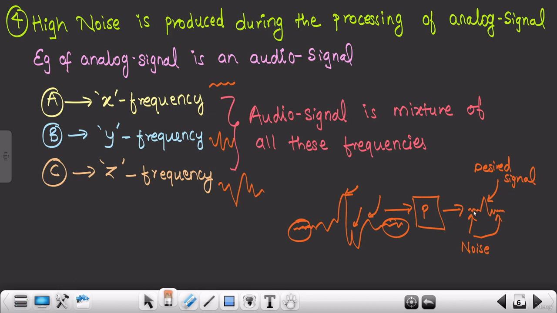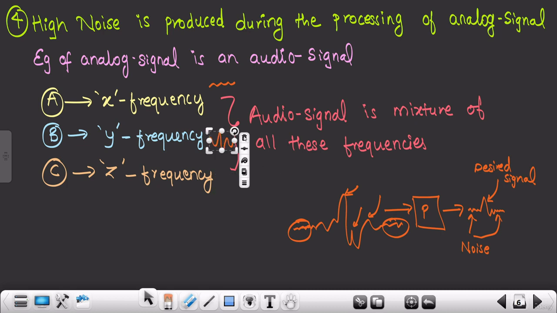There might be certain noise present in that signal. So that's the main reason that in the case of analog circuits, or analog electronics, the signal which you are getting has high noise. I hope you are able to understand this example. Let me erase this thing.